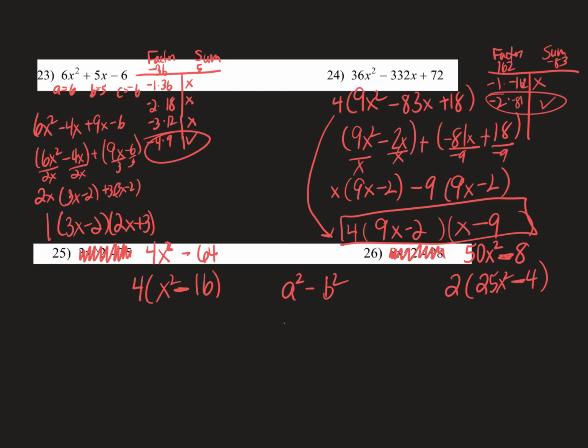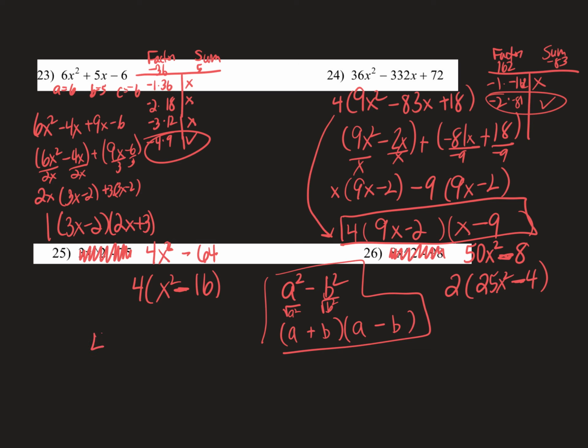So I'm going to rewrite that as two binomials, one with a plus, one with a minus. You take the square root of the first term to get the first term of each binomial, and the square root of the second term to get the second term of each binomial. So this is your formula.